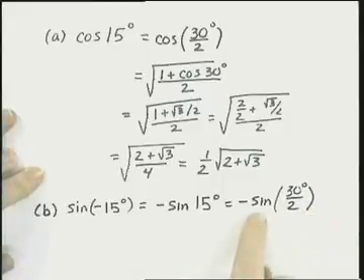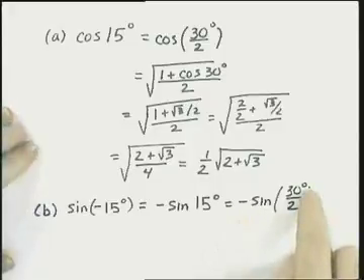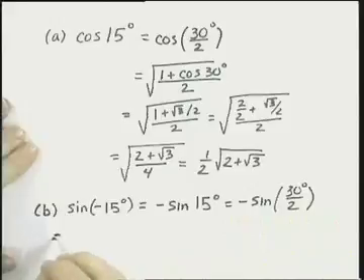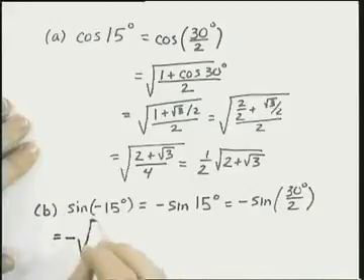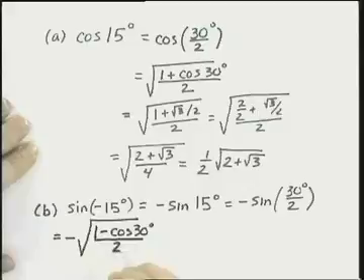So now I have this negative sine of alpha over 2, where alpha is 30 degrees. That gives me negative square root of 1 minus cosine of 30 degrees over 2.